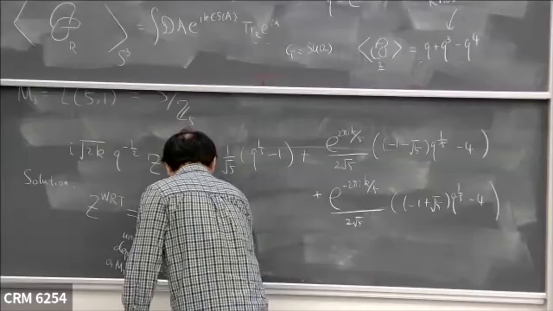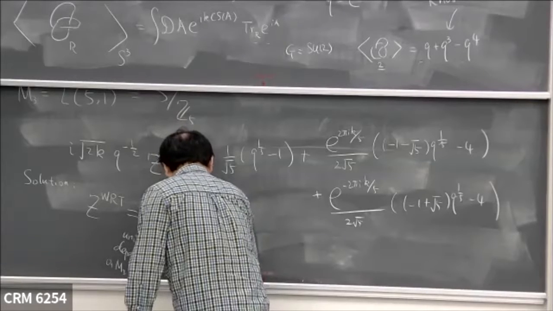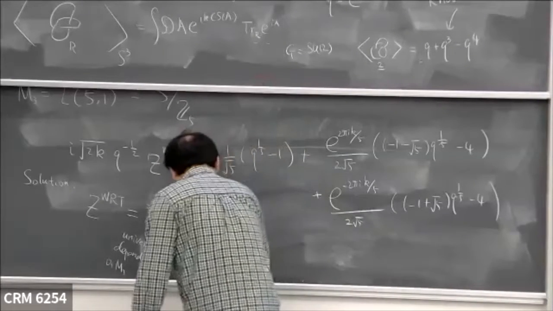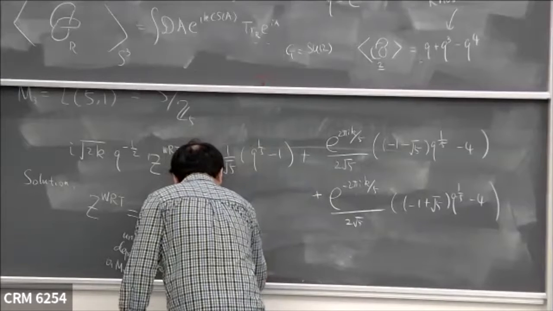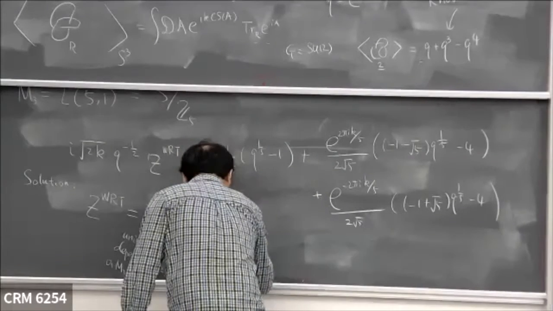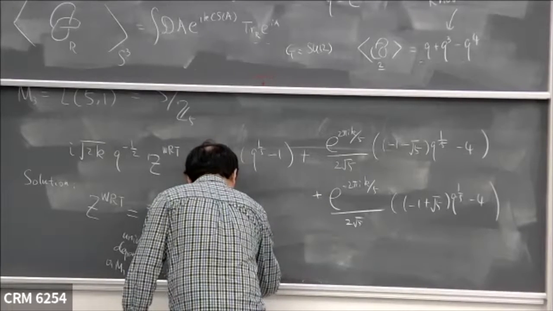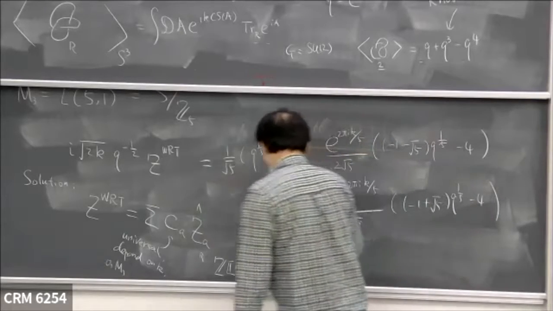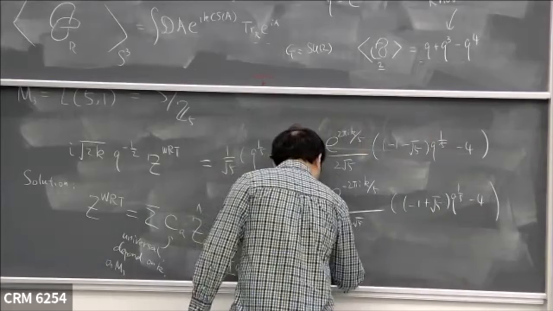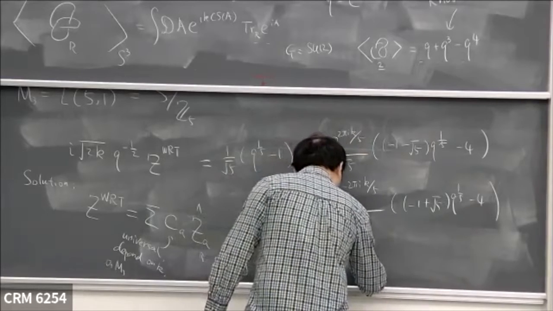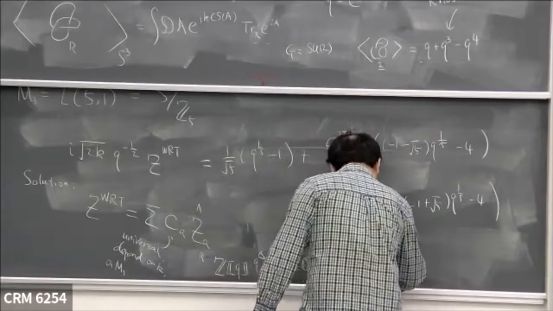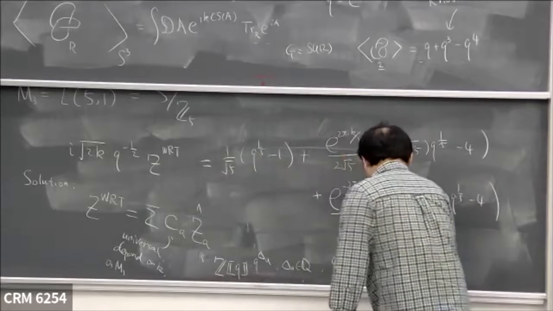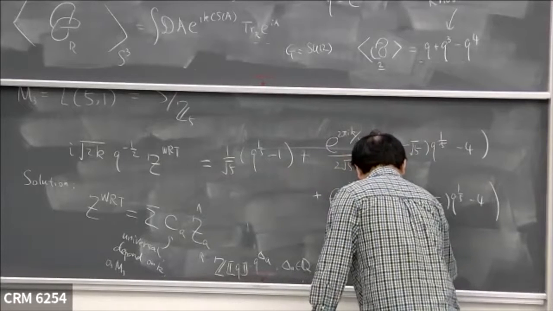And for Z hat a, this is going to be an integral series in q up to a shift. And here, a is valued in the torsion part of H1 of the three manifold.